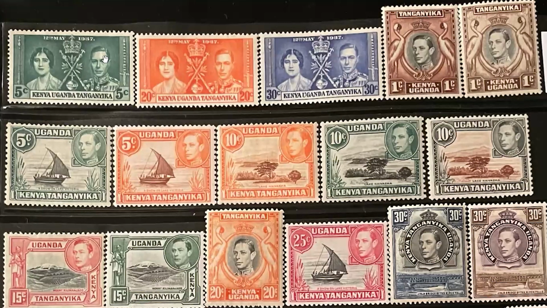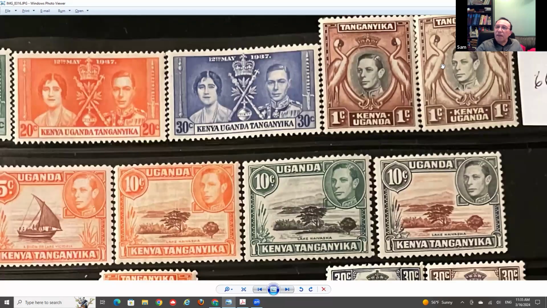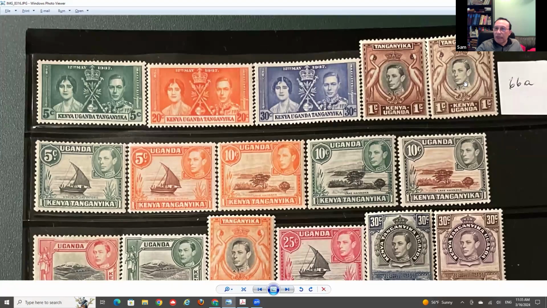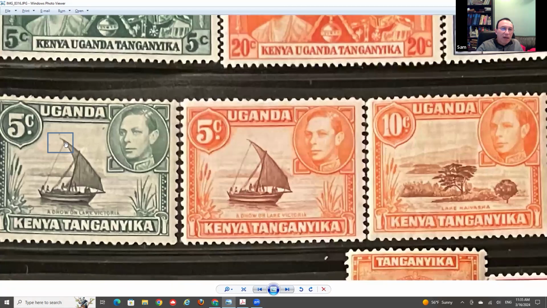Now you see again the same cranes. The only difference here is just a variation because of the color, nothing else. But it's listed in Scott. Now, if we see the same, it's corrected here.